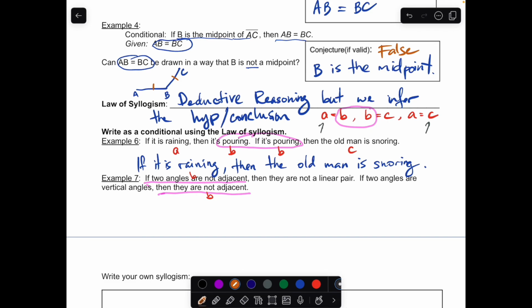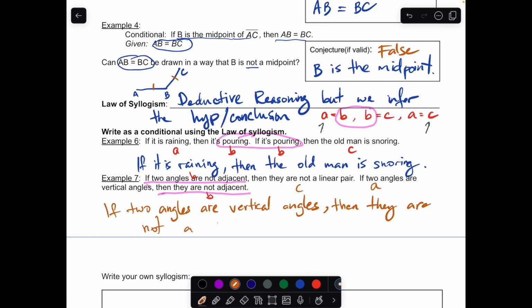We're going to take this as our hypothesis, our A, and then take this right here as our C. So we're going to write this as: if two angles are vertical angles, then they are not a linear pair.